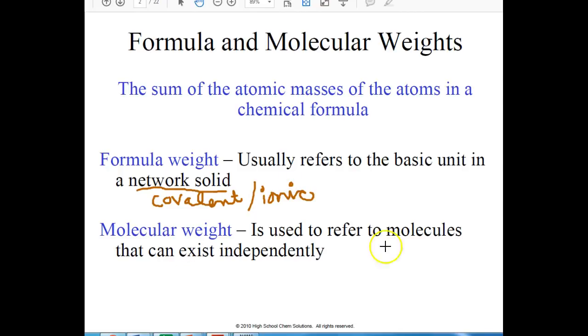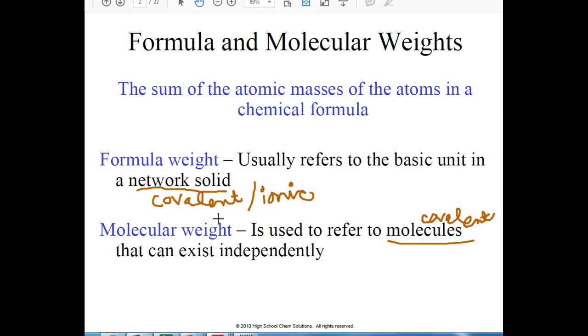And molecular weight usually refers to molecules, which is going to be our normal molecular covalent compound. Remember from the last chapter, covalent network are things like diamond, sand, graphite, but most covalent compounds are molecules. And then ionic compounds are going to be in a network as well.